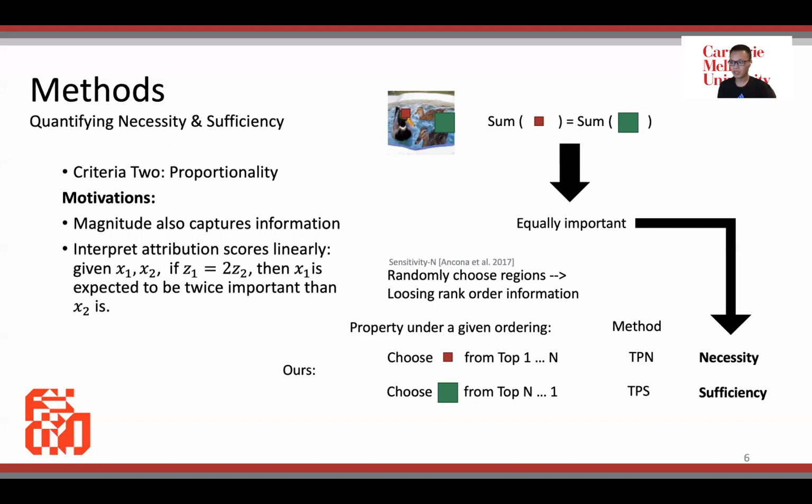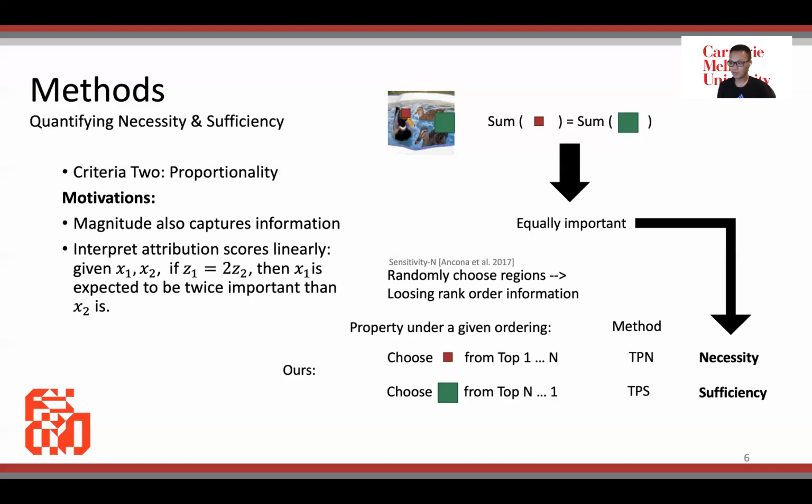We therefore evaluate whether, for any red and green pairs, ablating them causes the same drop of output confidence for necessity, or adding them causes the same increase of output confidence for sufficiency. Moreover, we do not want to go to another extreme that conditions on every pair of regions independent of ordering, which would lead to sensitivity and another metric.